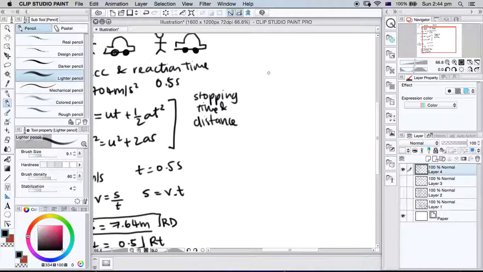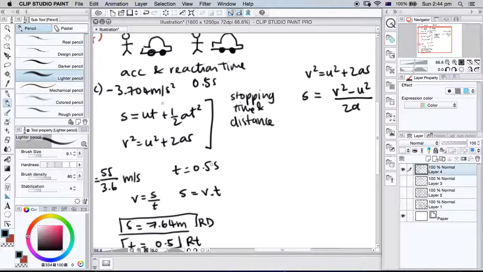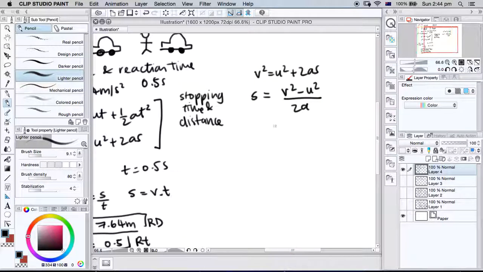To find distance first, v squared is equal to u squared plus 2as. Rearrange the equation to make s the subject: v squared take away u squared, all over 2a. Substitute in all of these values. v is 0 because you want it to come to a stop, and u is 55 kilometers per hour, 55 divided by 3.6 for meters per second.